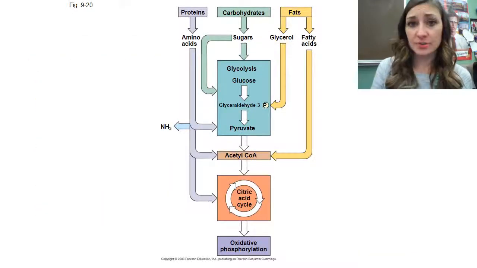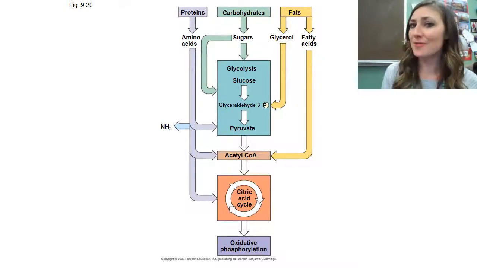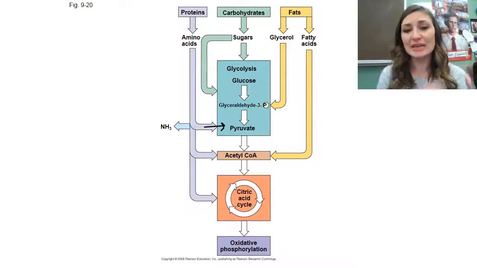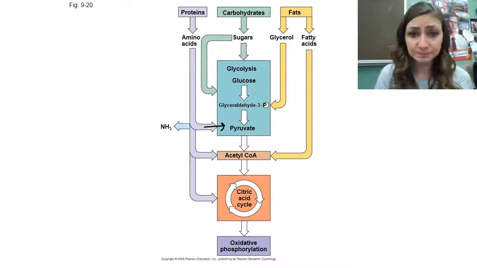I love this diagram because it shows us where exactly the macromolecule and in what form enters into cellular respiration. So proteins have to be broken into amino acids, and then they enter your cell respiration at the pyruvate stage, the acetyl-CoA, and the citric acid. So you're getting electrons from all of those stages that will eventually power oxidative phosphorylation, the electron transport chain, and chemiosmosis.